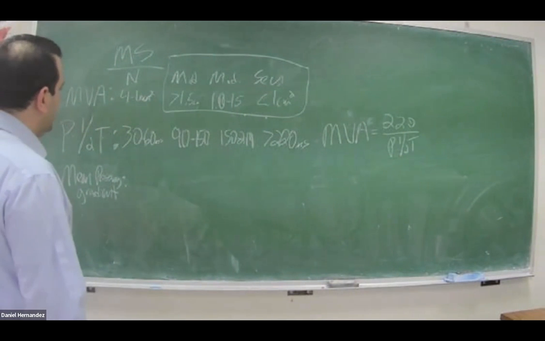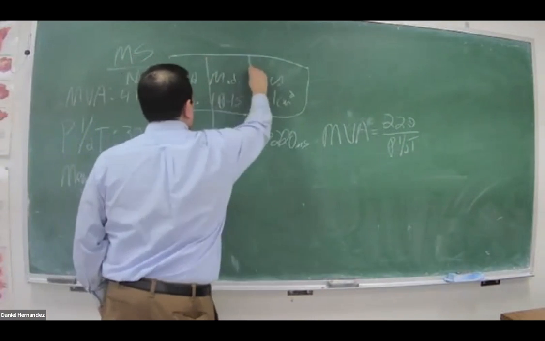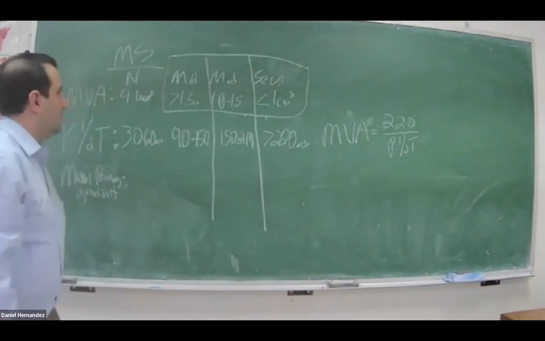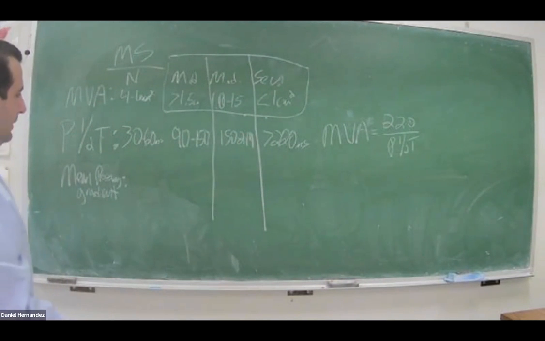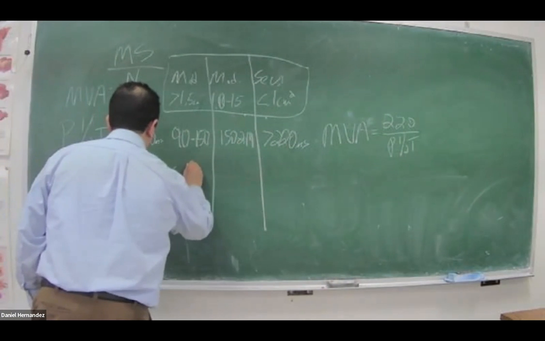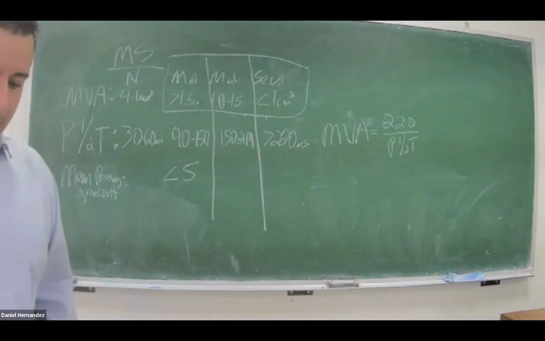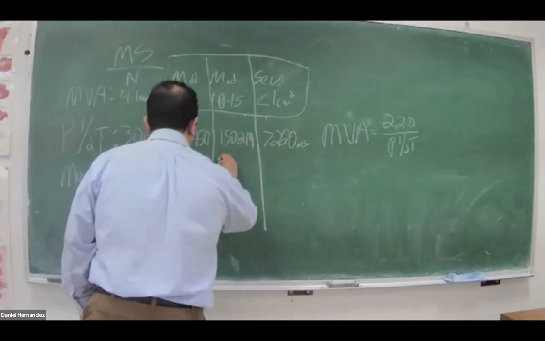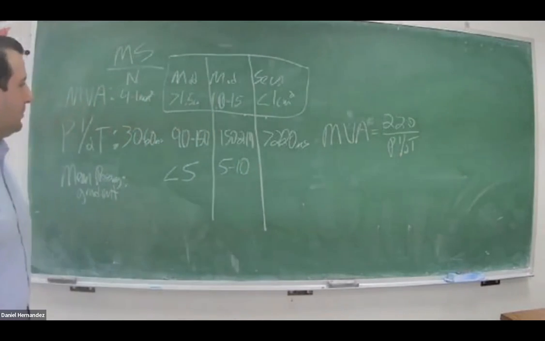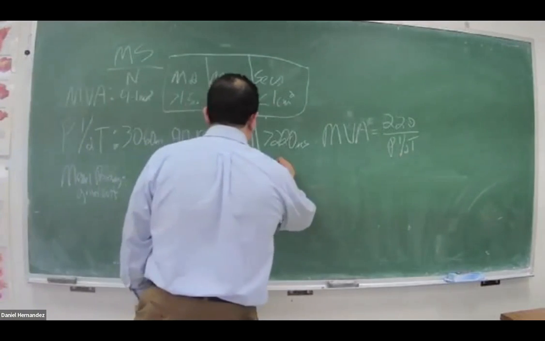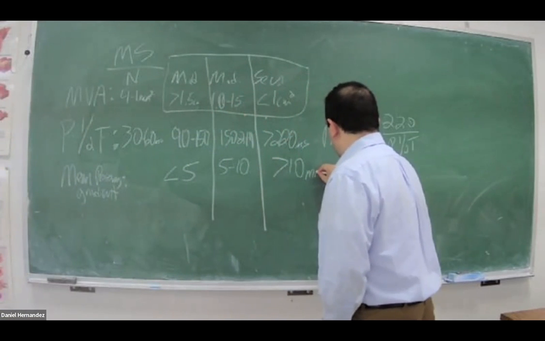I'm going to separate my chart here a little bit. Mild mitral stenosis will have a mean pressure gradient that's less than 5. I apologize, less than 5. Moderate is going to be 5 to 10. And for severe mitral stenosis, this is going to be greater than 10. This is millimeters of mercury.